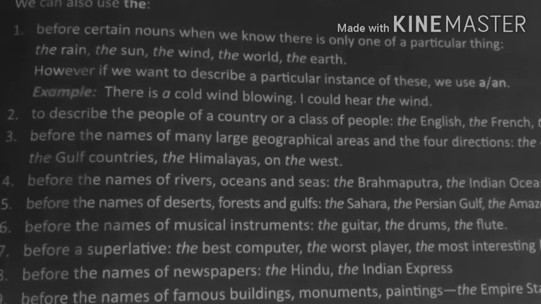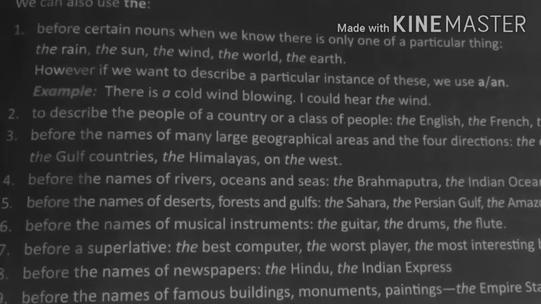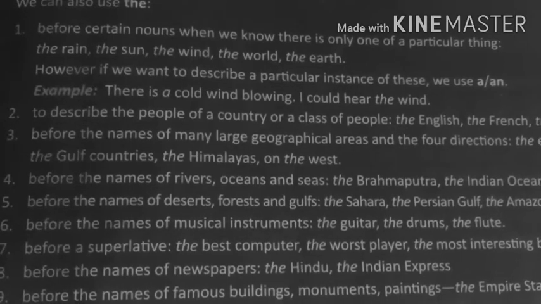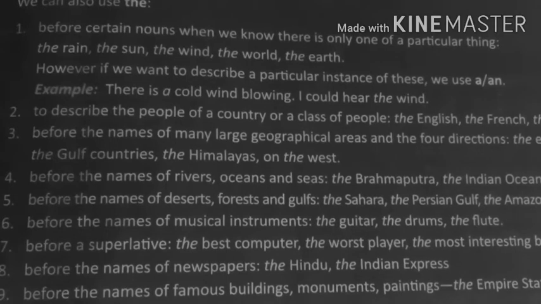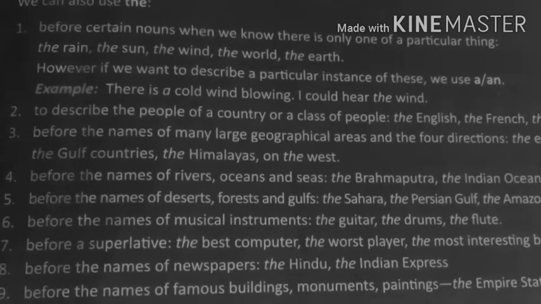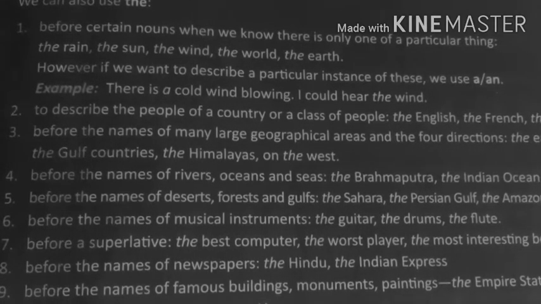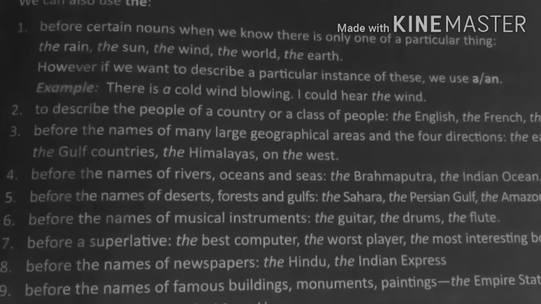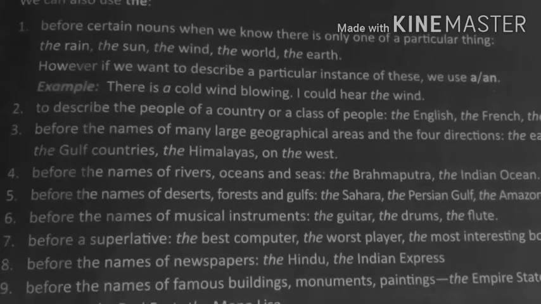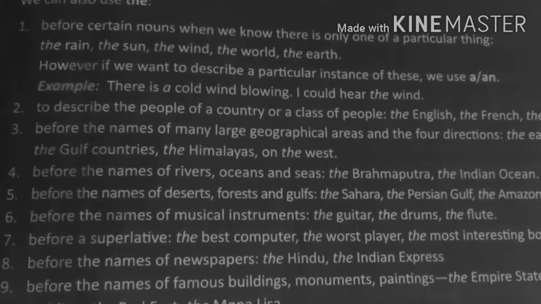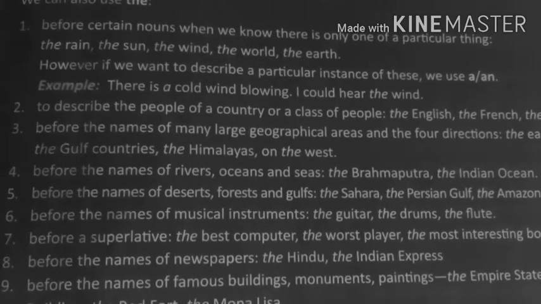We use the for many large geographical areas and directions as well, like the east, the Gulf countries, the Himalayas, on the west, etc. For rivers, oceans and seas, like the Brahmaputra, the Indian Ocean, the Pacific Ocean, and so on.